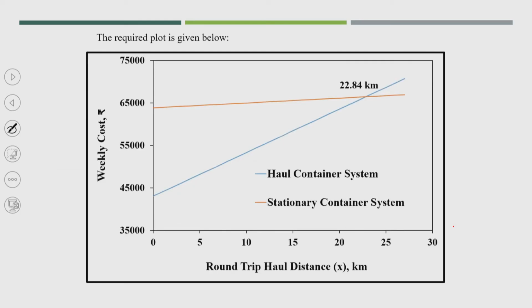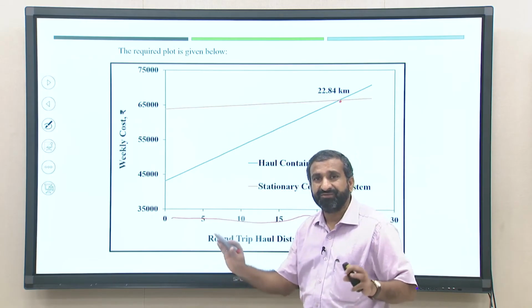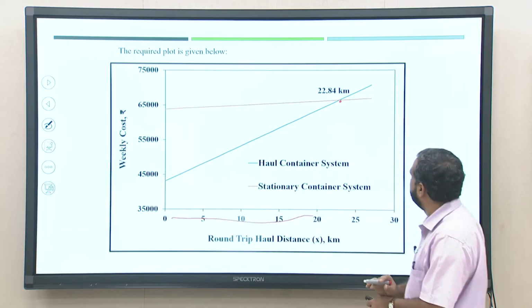So, we plotted this graph between round trip haul distance versus weekly cost, and surprisingly you see, for up to around 20 kilometer, the total cost for the haul container system was lower than the stationary container system, and at 22.84 kilometer, the cost of the haul container system and stationary container system will be the same.